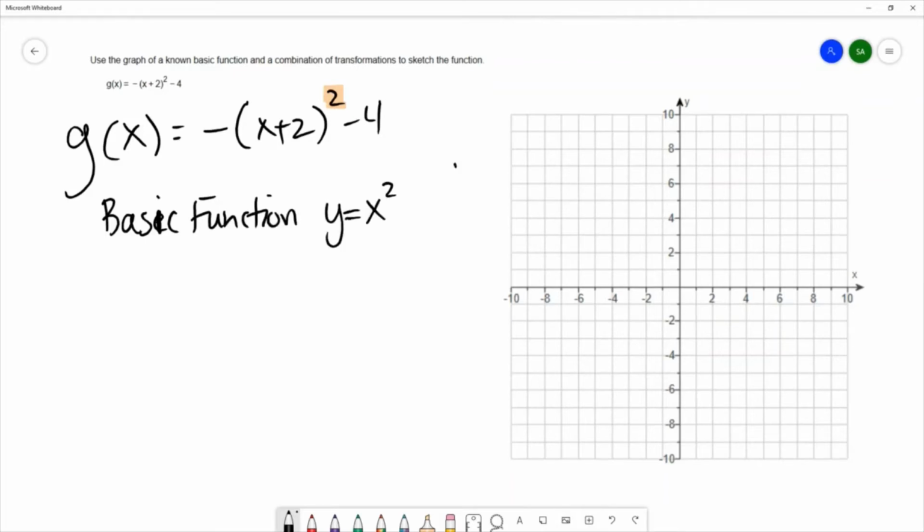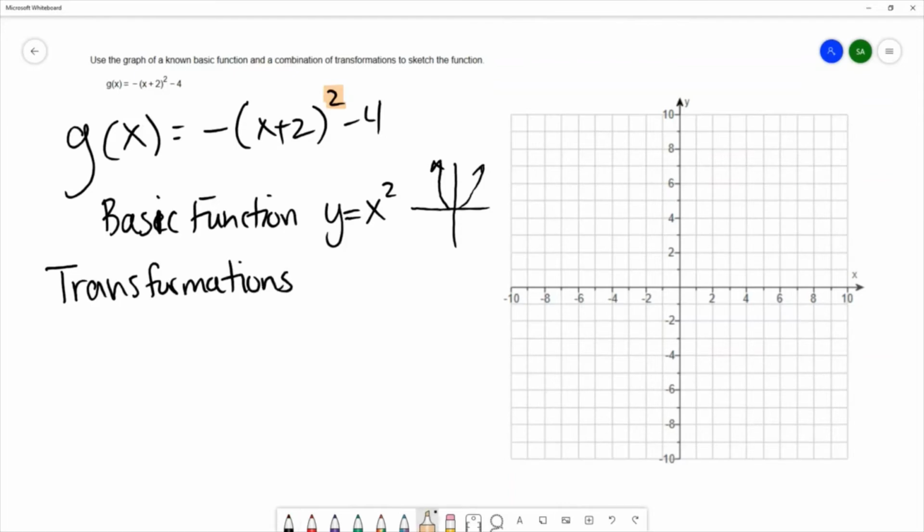And we know the graph of that is a parabola where the vertex is at 0, 0. And then we have a bunch of transformations that are occurring for this function. And these transformations are the negative, the plus 2, and the minus 4.